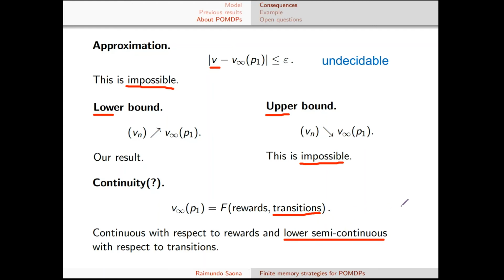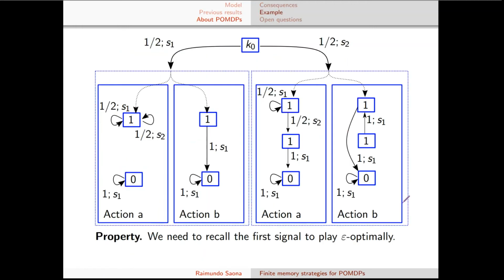Before ending this talk, let me show another example. In this example, the initial state is fixed and known to the decision maker. From there, with equal probability, the state moves to either of two subgames, and the decision maker is informed of this movement through the initial signal. If the state moves to the first subgame, the optimal strategy is playing action A forever.